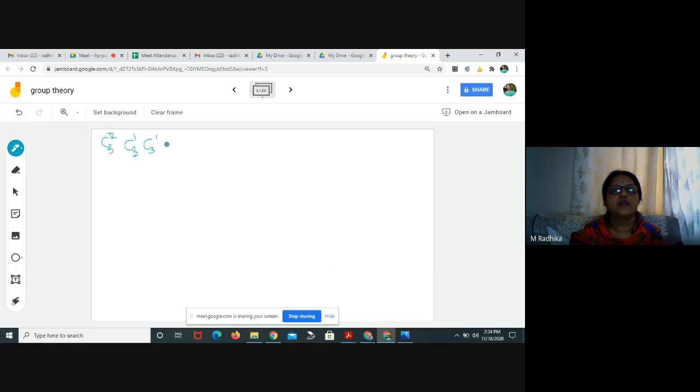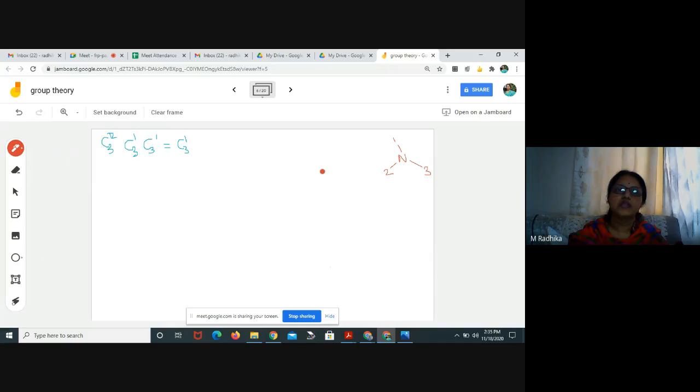Why am I saying that C32 is the inverse of C31? Just see. I'll draw the structure here. Nitrogen, and you have all the three hydrogens: 1, 2, and 3. What is the structure of ammonia? Pyramidal structure. Nitrogen is coming out of the board.